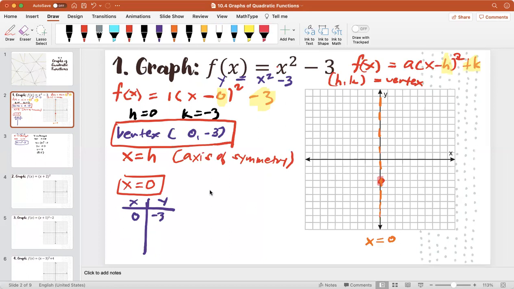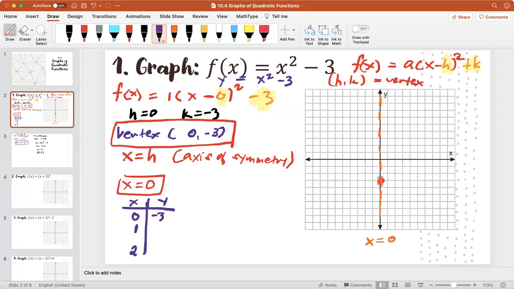So let's assign values, just like what we usually do when we graph a line. You can assign any values of your x. We can put 1. What else? We can put 2.